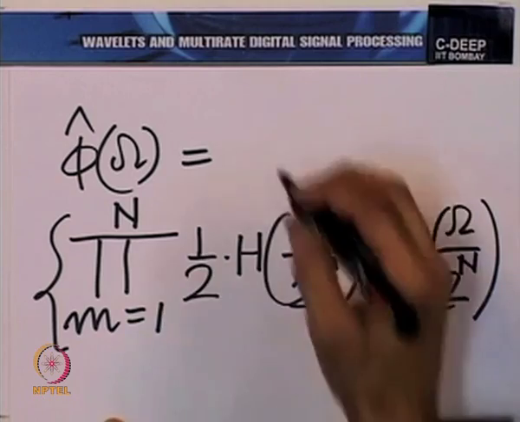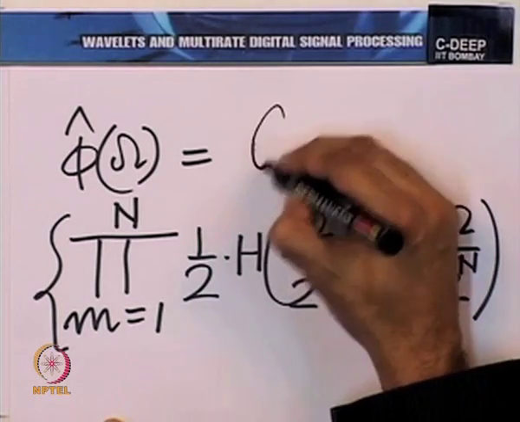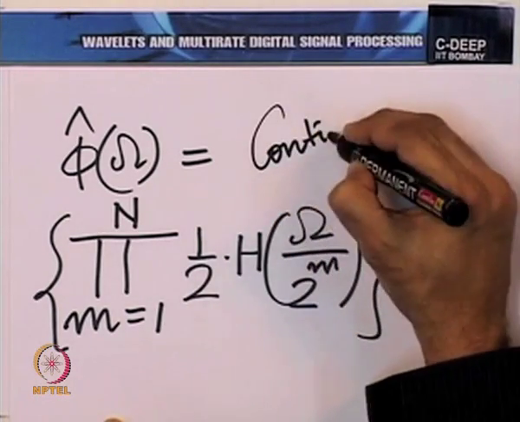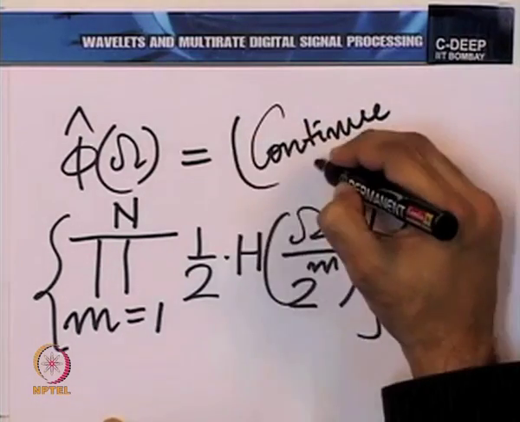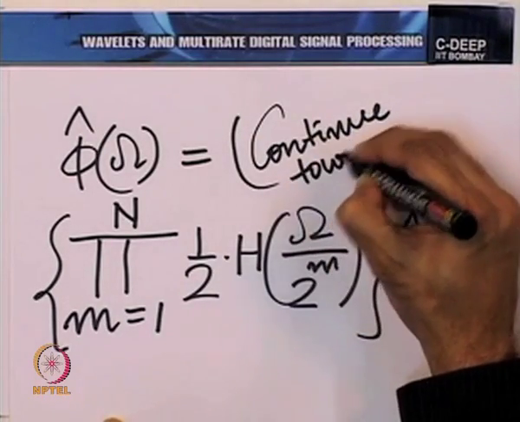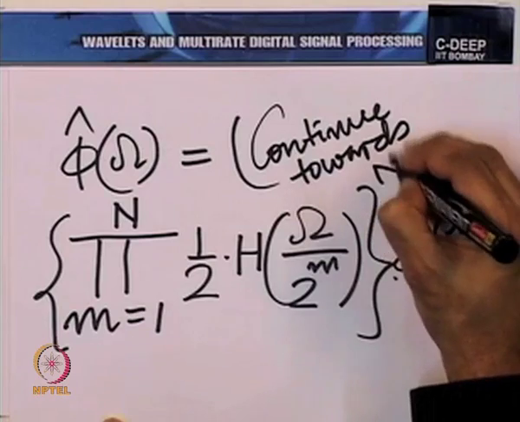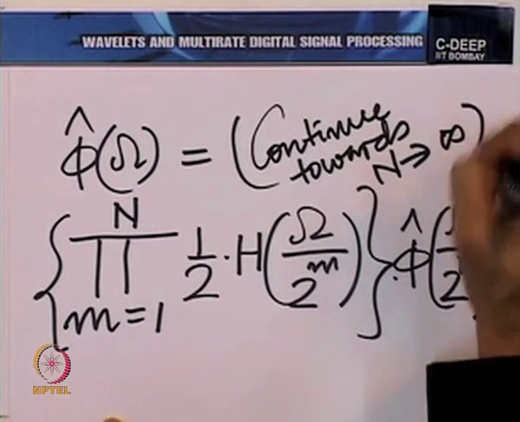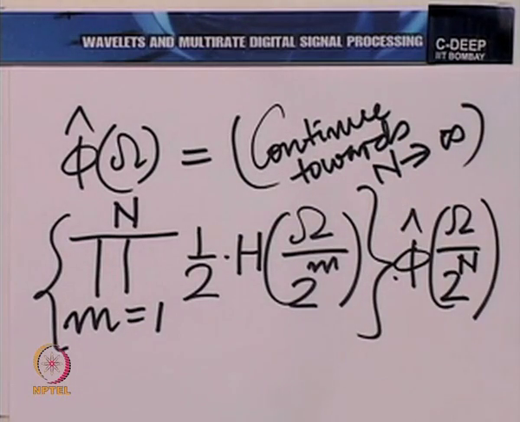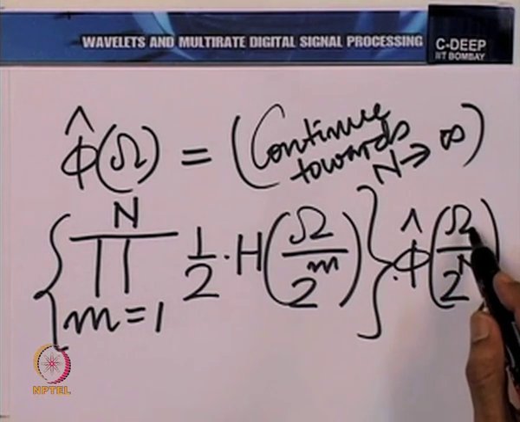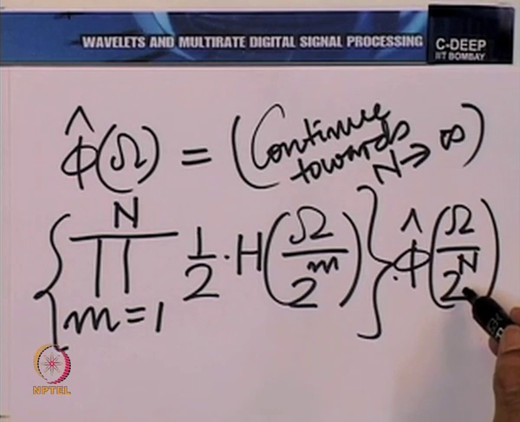Now, we can take the limit as N goes towards infinity. What is going to happen when you make capital N go towards positive infinity here? Any finite capital omega is going to be taken closer and closer to 0.